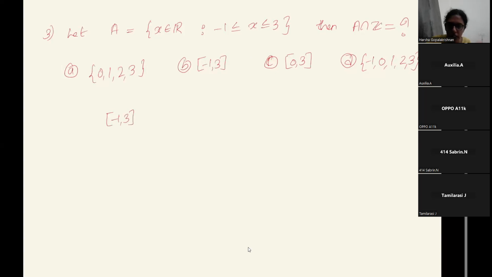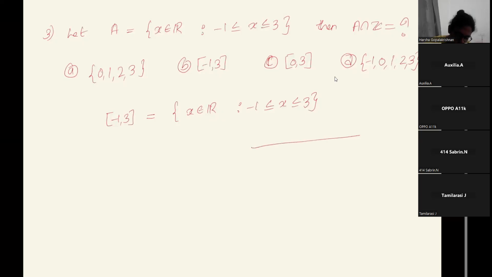Okay, option D. Yeah, answer is option D. Before that, let me explain what is this [-1, 3]. [-1, 3] means set of all elements in R such that -1 less than or equal to X less than or equal to 3. That is set of all real numbers from -1 to 3, including -1 and 3.